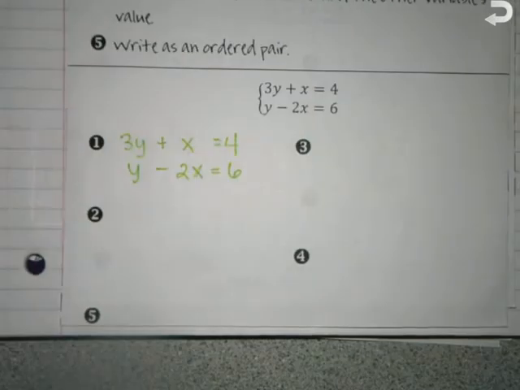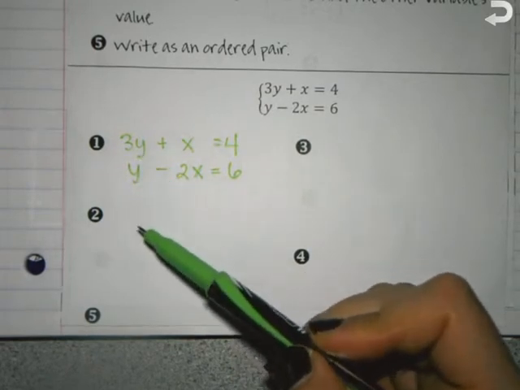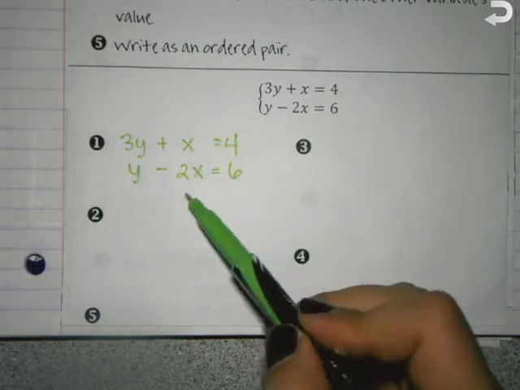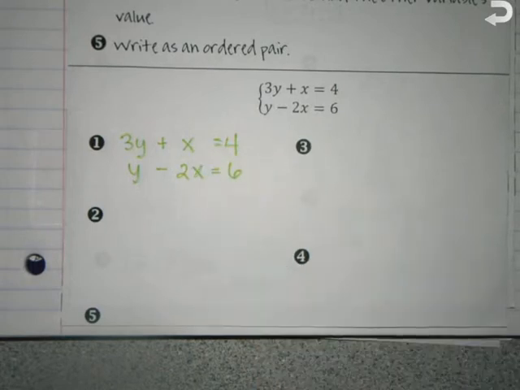All right, so the next step was to look for coefficients that are inverses of each other. Look at your y's. I have a 3y and a y. Are those inverses? No. And then I have a positive x and a negative 2x. What about those? Close, right? What am I missing to get these x's to be inverses? A positive 2, right?